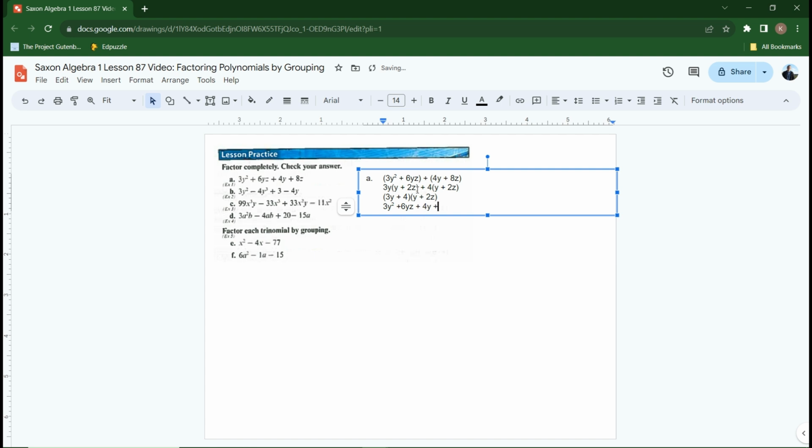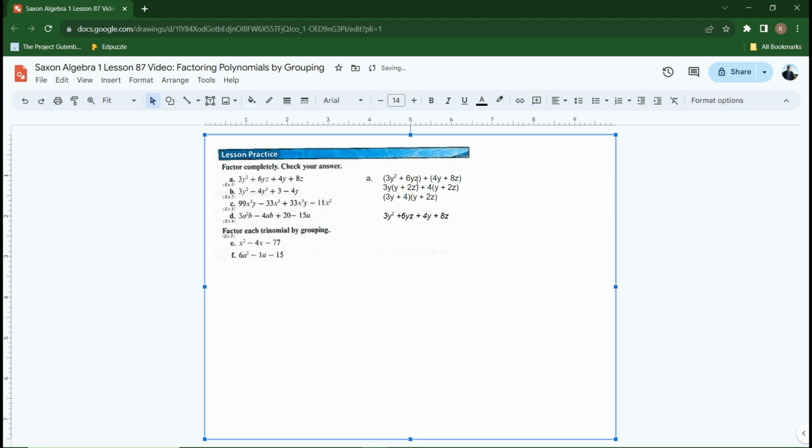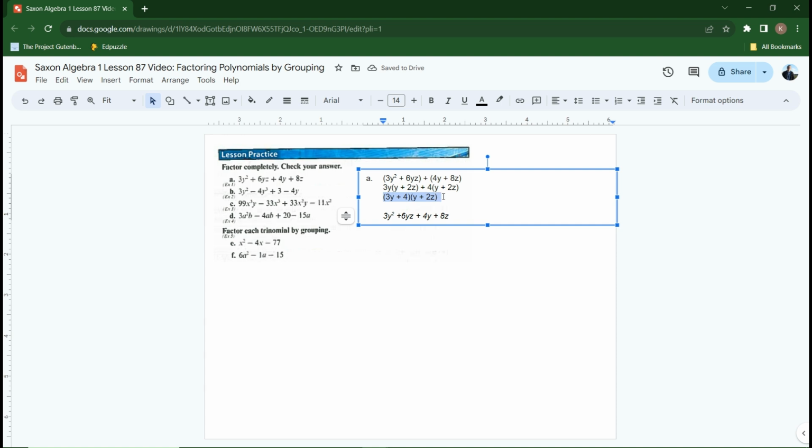And then plus 8z. Let's make sure that I have what I started with: 3y squared plus 6yz plus 4y plus 8z. So FOILing proves that this is what I started with. This was the answer, so this was just my check. I'm going to maybe put that in italics to show that we just use that to check my answer. This was the actual answer. Let's put that in bold.